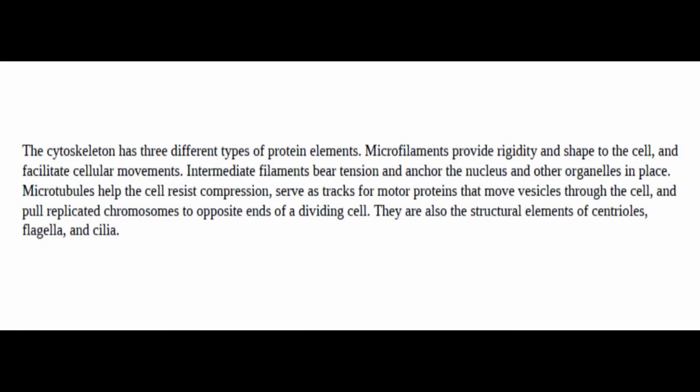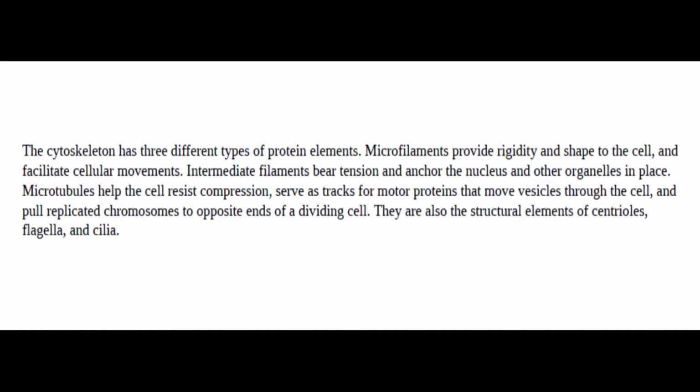The cytoskeleton has three different types of protein elements. Microfilaments provide rigidity and shape to the cell and facilitate cellular movements. Intermediate filaments bear tension and anchor the nucleus and other organelles in place. Microtubules help the cell resist compression, serve as tracks for motor proteins that move vesicles through the cell and pull replicated chromosomes to opposite ends of a dividing cell.